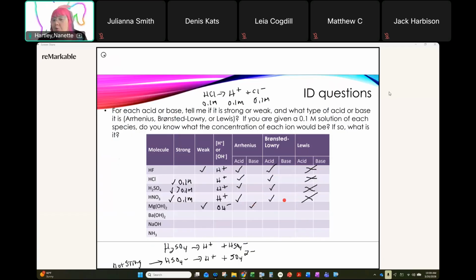It can do it through action afterward, but we're not going to talk about that. We're just talking about, based on the definition, is it a Bronsted-Lowry base? And I would say no, because it's not automatically accepting a proton. Okay, same is true with the Lewis.